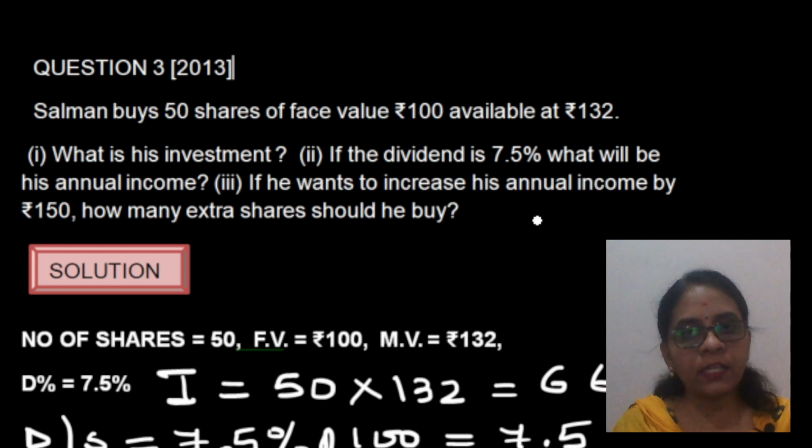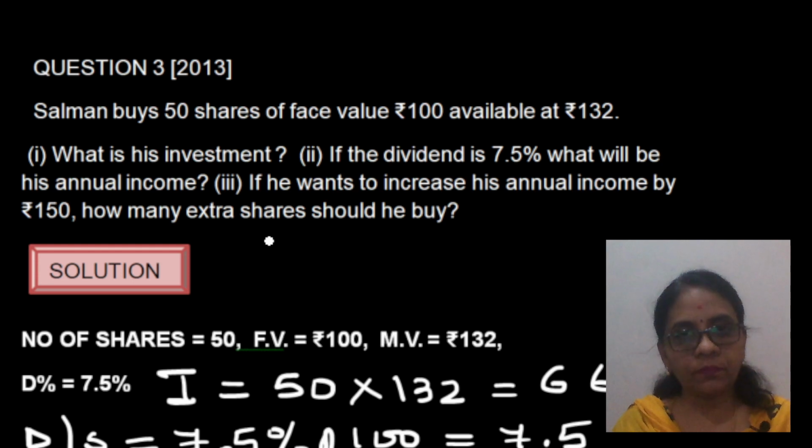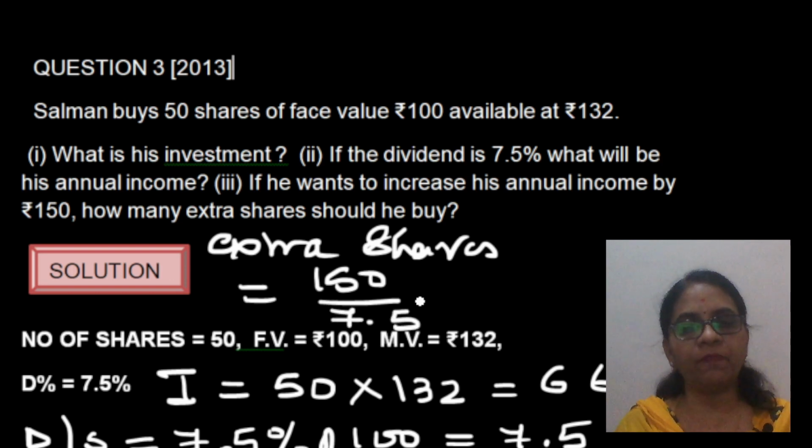So the extra shares he has to buy, children, there are two formulae for number of shares. Number of shares is investment by market value, also it is annual income by income per share. So now if his annual income has to be increased by 150, the extra shares will be equal to 150 by the income per share, which is 7.5, that is nothing but 20.